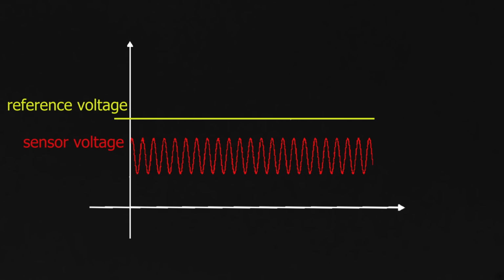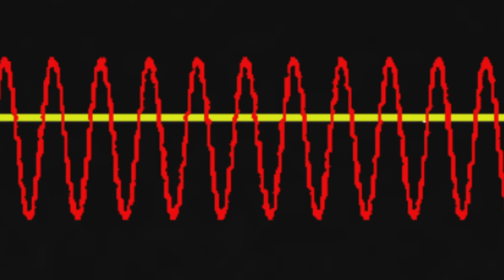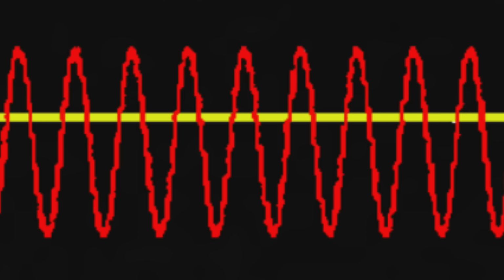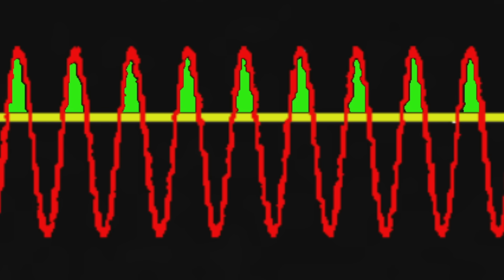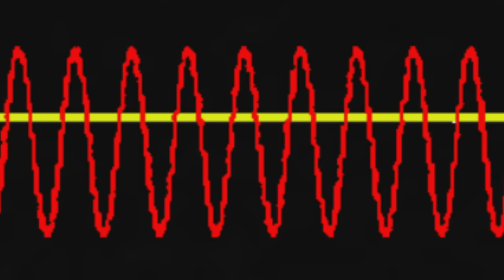But when the sensor voltage is close to the reference voltage, it's likely that in some parts of the noise period, the sensor voltage gets higher than the reference voltage, and it will cause the output of the comparator to activate, and in some other parts of the noise period it gets lower than the reference voltage and it turns the output off. This is why the relay turns on and off like crazy.